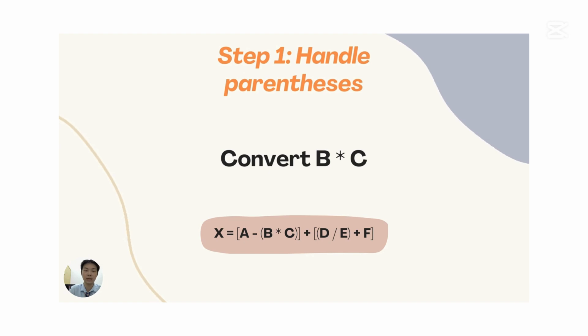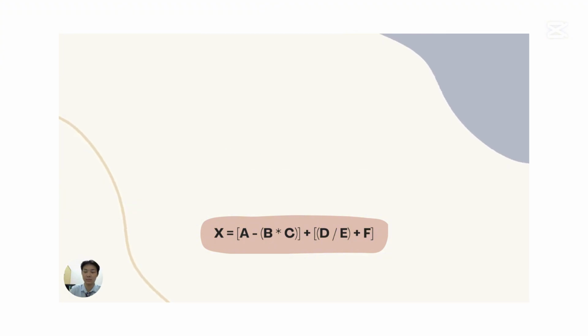We have 3 steps to solve this question. Step 1 is to handle the parentheses. First, we need to simplify the sub-expressions within parentheses. We convert the first parenthesis, which is b multiply c.